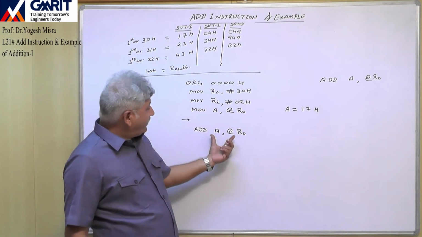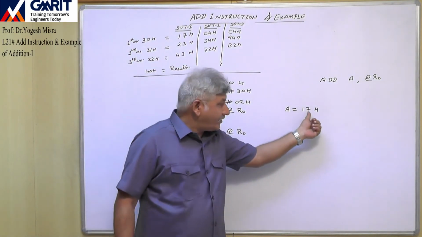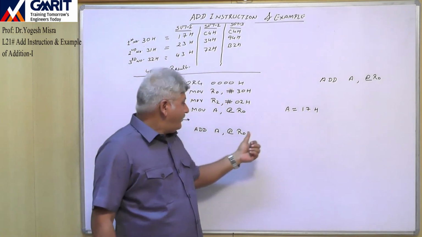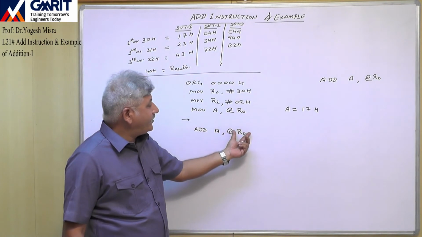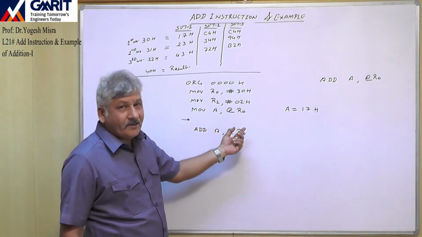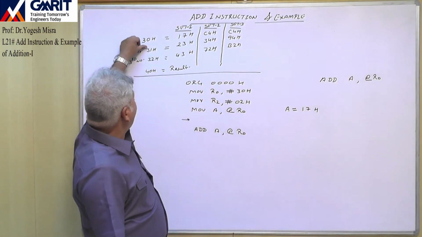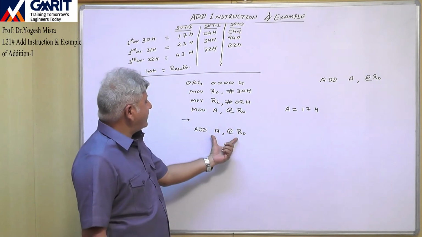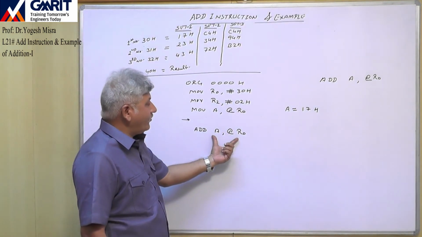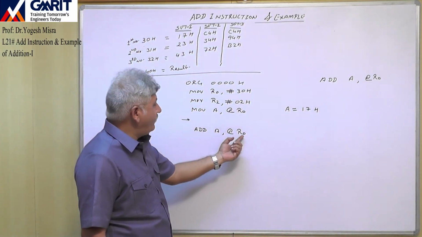So basically what this instruction will do, it will add the content of A, which is 17, the first number, with the content of the memory whose address is defined by R0, means that is my second number. So what is the address of my second number? Address of my second number is 31. So when this instruction is executed by the controller, at that time the address of second number must be loaded in R0.